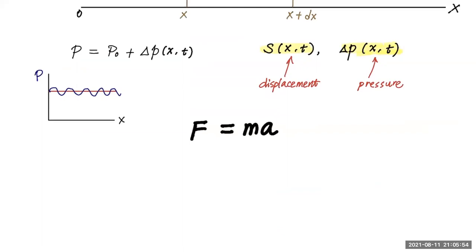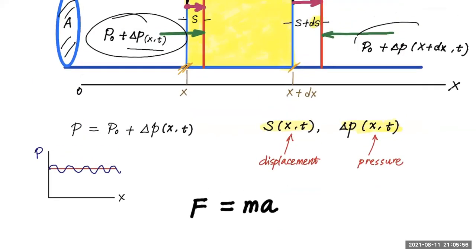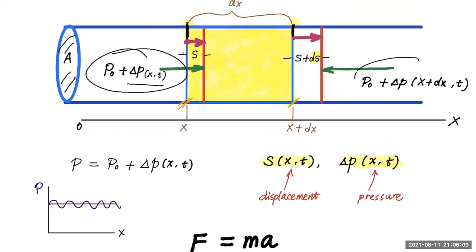So the force pointing to the right, I'm using the right as positive, is the pressure on the left side times the area. The pressure on the left side, as you know, is this much. So you get this green arrow, which is the force pushing this column to the right, the positive x direction.